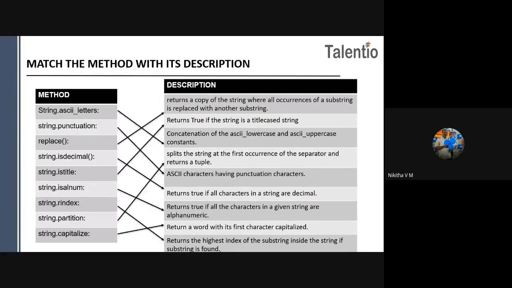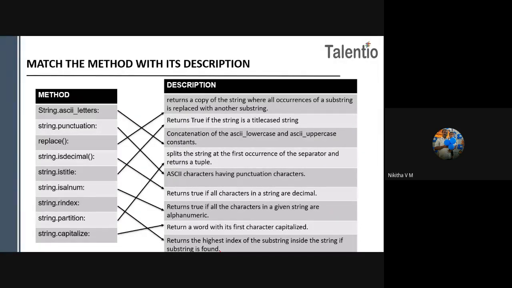Okay. So the same thing is given here. ASCII letters, concatenation. Punctuation gives you all punctuation characters. Then replace, it's going to return you the copy of a string by replacing all the occurrences of the substring. Isdecimal returns true if it is a decimal.